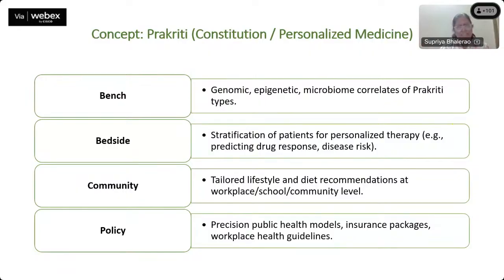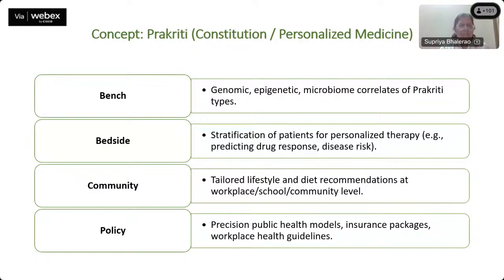Genomic signatures, yes, like CYP2 patterns differ and HLA1 patterns differ, but how the response to a given drug actually differs, that is not shown. Disease risk: we have no study where, from childhood, we follow 10 Kapha Prakriti, 10 Vata Prakriti, 10 Pitta Prakriti individuals, and then see in later age which disease condition they are prone to.